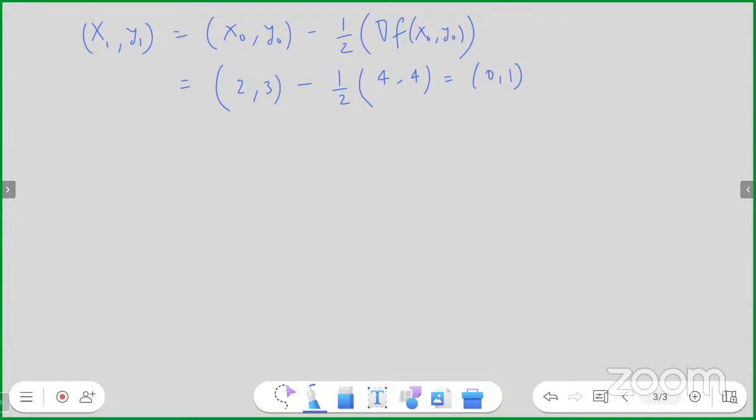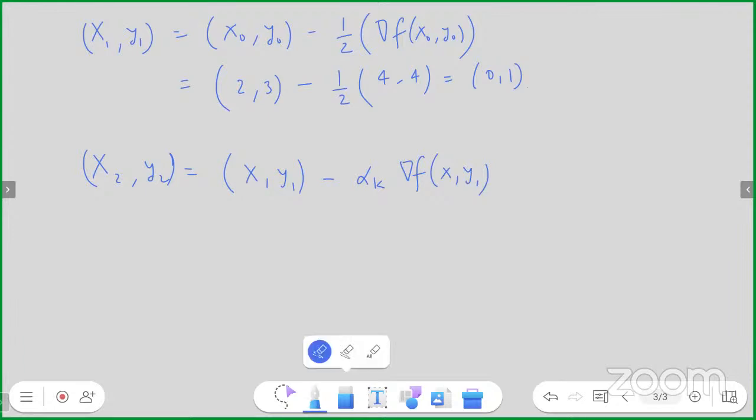Okay, let's do it one more time. So now what will be x2, y2? It will be essentially x1, y1 minus alpha_k del f of x1, y1, where alpha_k will be again optimized. So let's call it alpha 2 here. So what is del f of x1, y1?